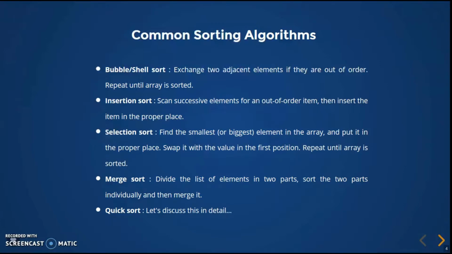Selection sort finds the smallest element or the biggest element in the array and puts it in the proper place, then swaps it with the value in the first position and repeats until the array is completely sorted. Merge sort divides the list of elements in two parts, sorts the two parts individually and then merges them.